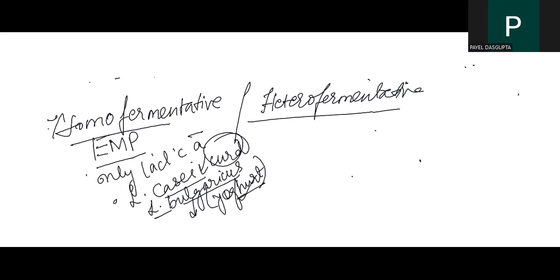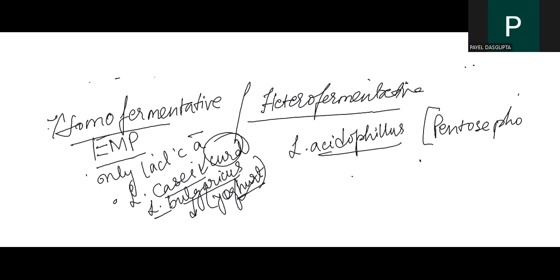When we talk about the heterofermentative, one such example is Lactobacillus acidophilus. Here we get, like the pentose phosphate pathway we know, where lactic acid will not be the only end product. There will be some others along with lactic acid.